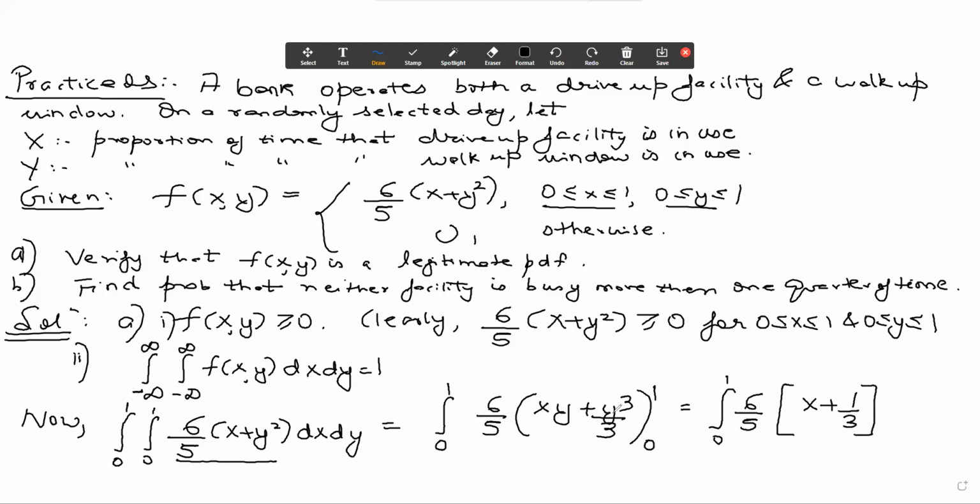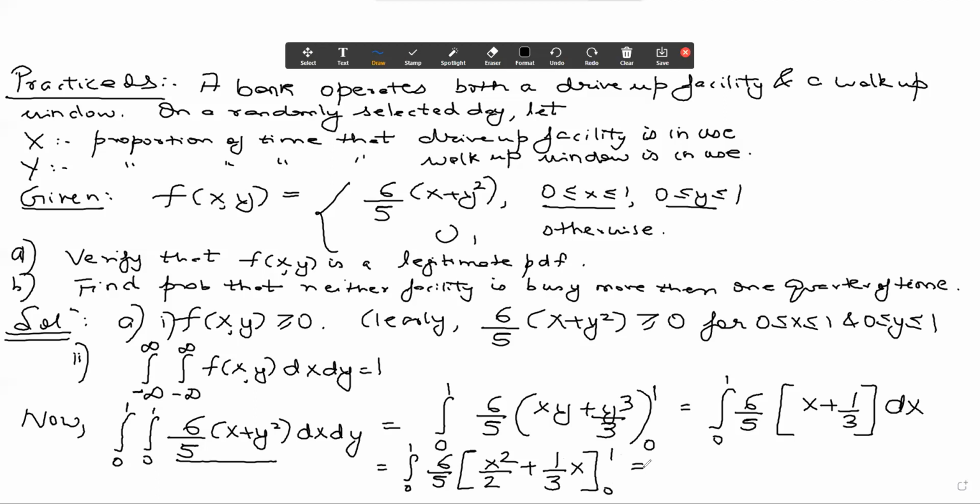Now I only have x, so I will be integrating with respect to x. This will now become integral from 0 to 1, 6/5 times, now I integrate with respect to x. The integral of x is x square by 2, and the integral of 1/3 is x/3, running it from 0 to 1.